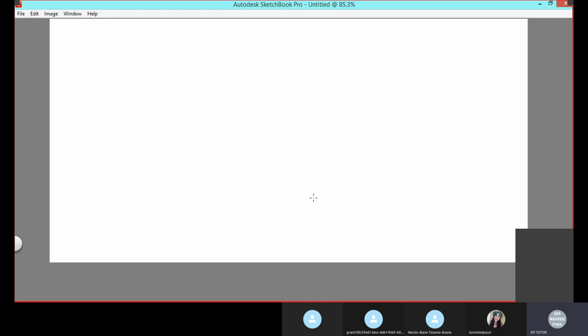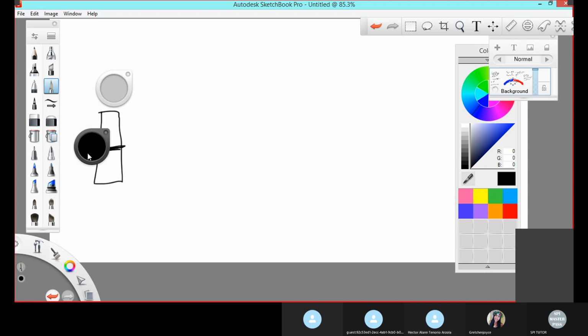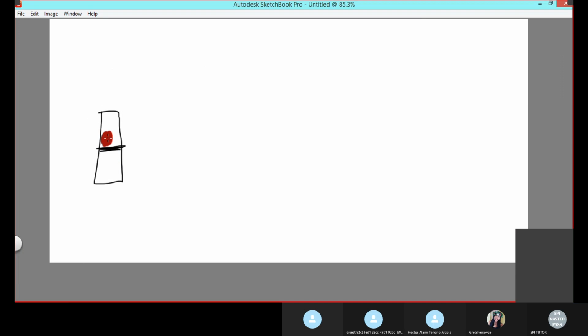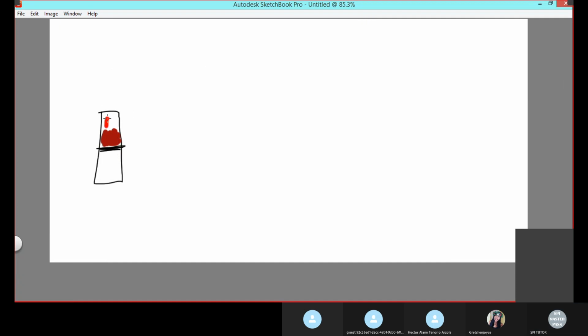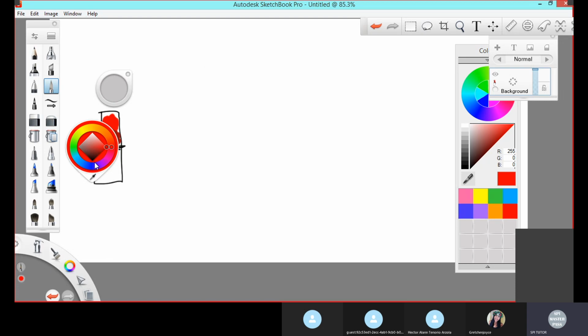Now we get to velocity maps. Give me a few seconds to draw my velocity map. It's like a dark red lipstick color, and then a bright red lipstick color.